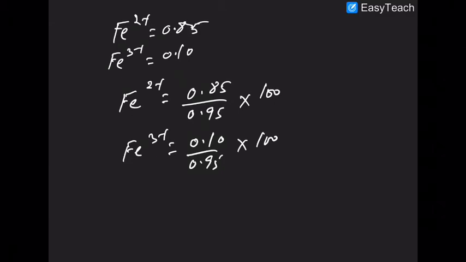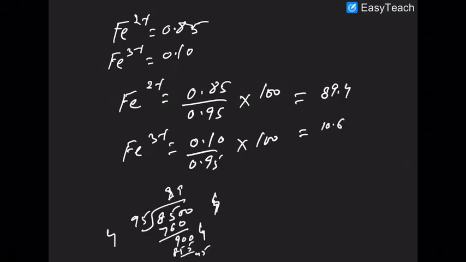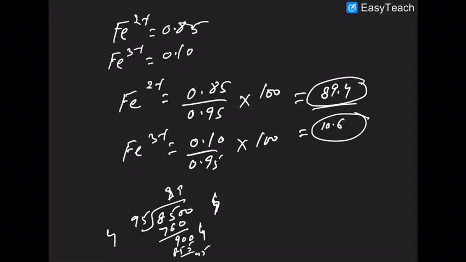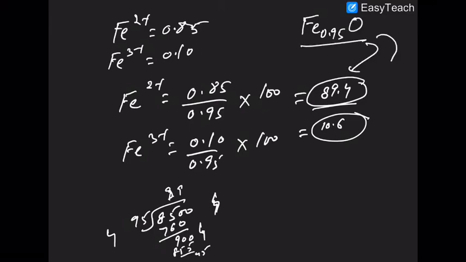Clearly understood or not? So you calculate that. It comes out to be Fe2+ is 89.4 and Fe3+ is 10.6. So in the compound Fe 0.95 O, these are the amounts of Fe3+ and Fe2+.